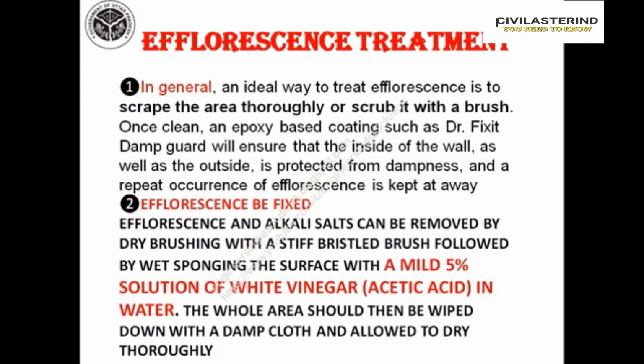White vinegar is also known as acetic acid. So you take 1 liter of water, and in that 1 liter of water you add about 5% of acetic acid, and you wipe the surface where you find this efflorescence effect and let it dry thoroughly. Then it will at least reduce your efflorescence effect.